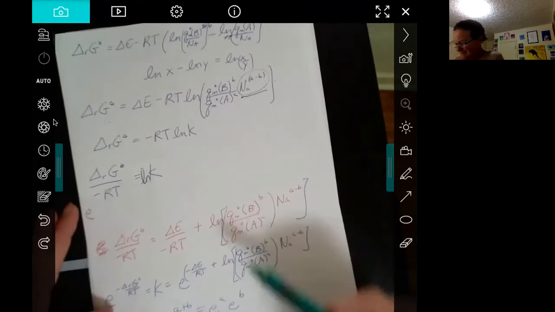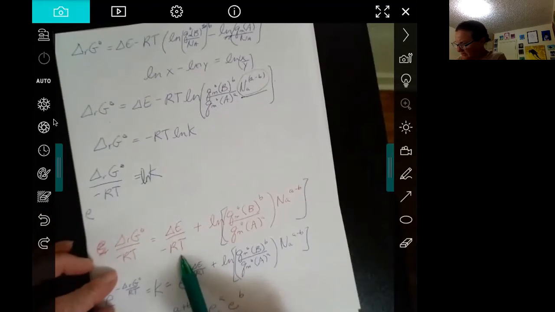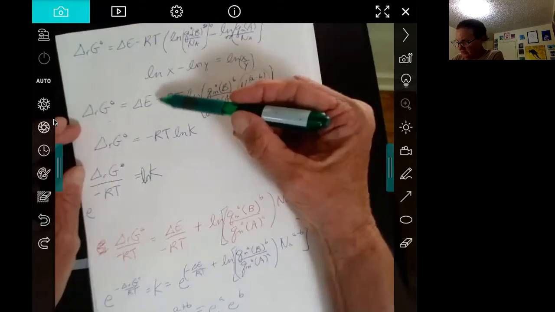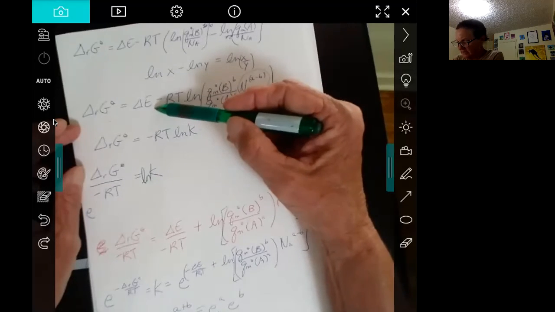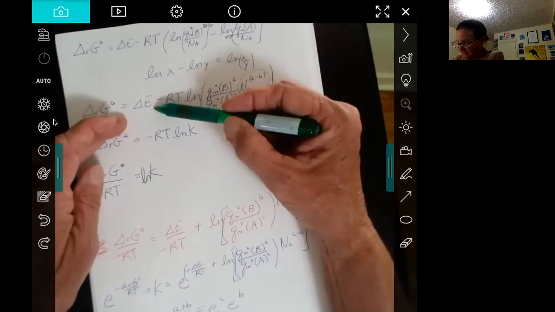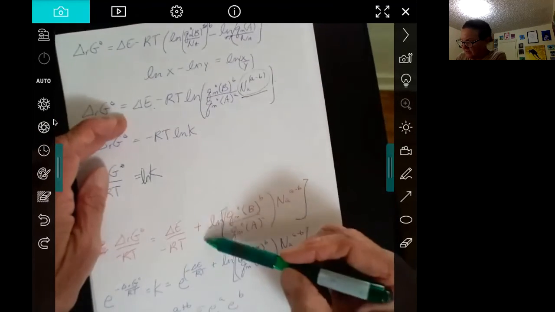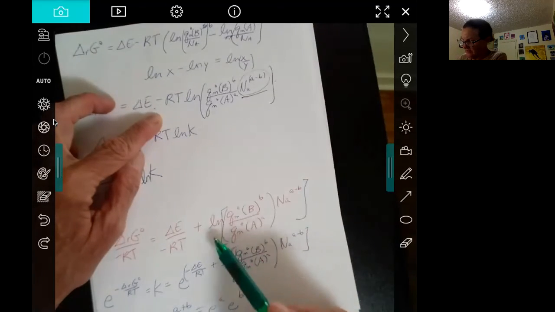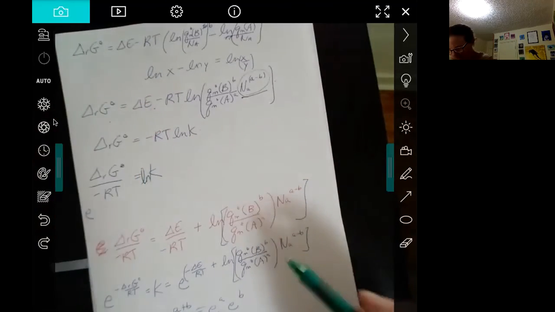Okay, so now I'm just putting in what I had up here. So I'm dividing this whole thing by negative RT. If you divide delta E by negative RT plus this guy divided by negative RT, that just gets rid of the negative RT and you just have the ln term.